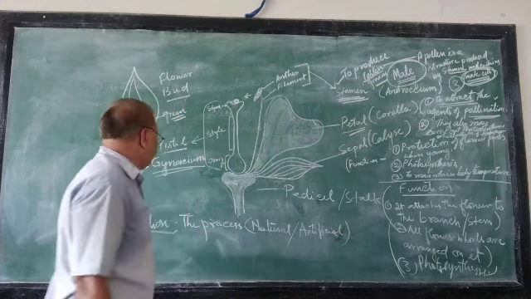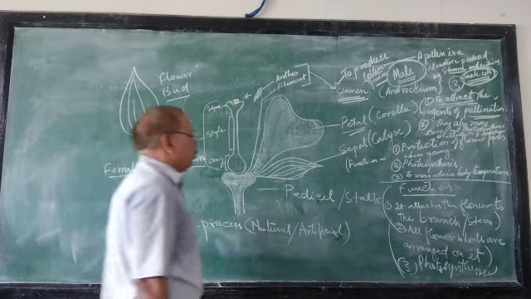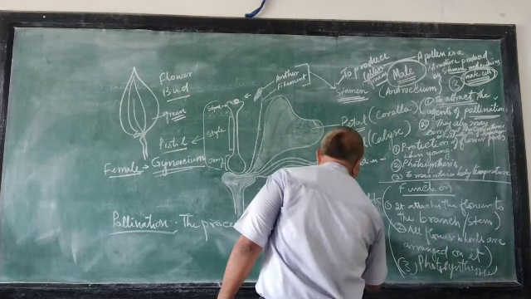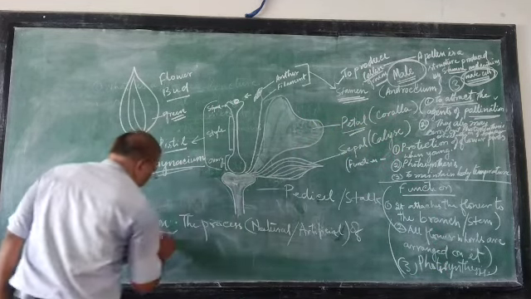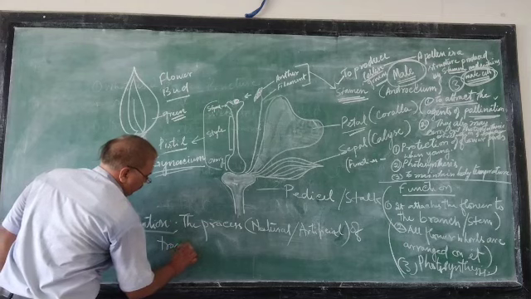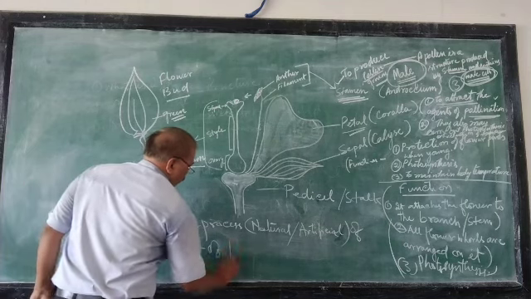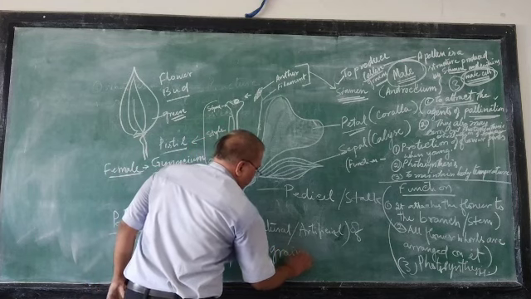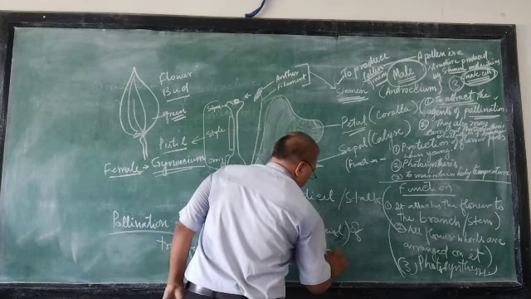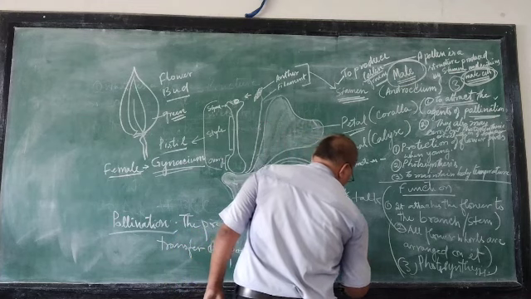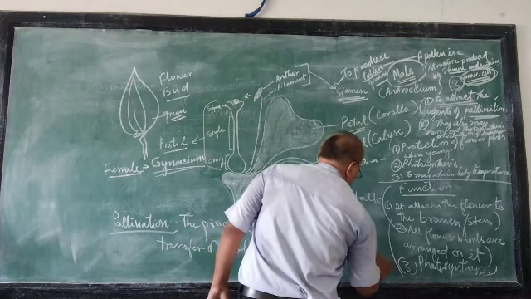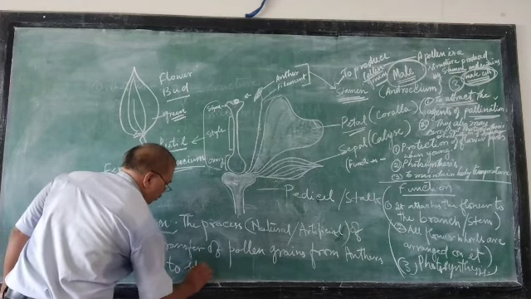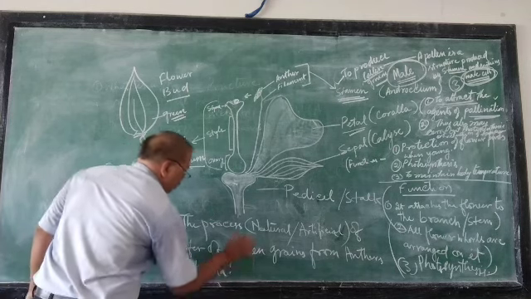Pollination is the process, natural or artificial, of transfer of pollen grains from anthers to stigma. Right?